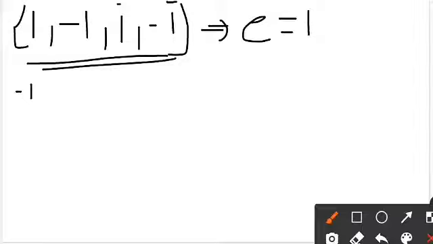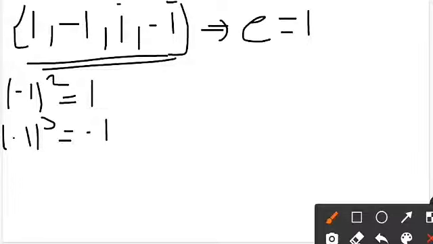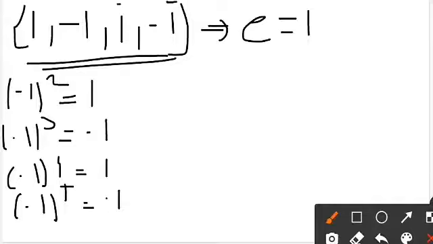So minus 1 to which power will give us 1? If we do -1 square, it will give us 1, right? If we do -1 cube, it will again give us -1. If we do -1 raised to 4, it will give us 1. If we do -1 raised to 5, it will give us -1. If we raise -1 to the power 6, it will again give us 1, right?